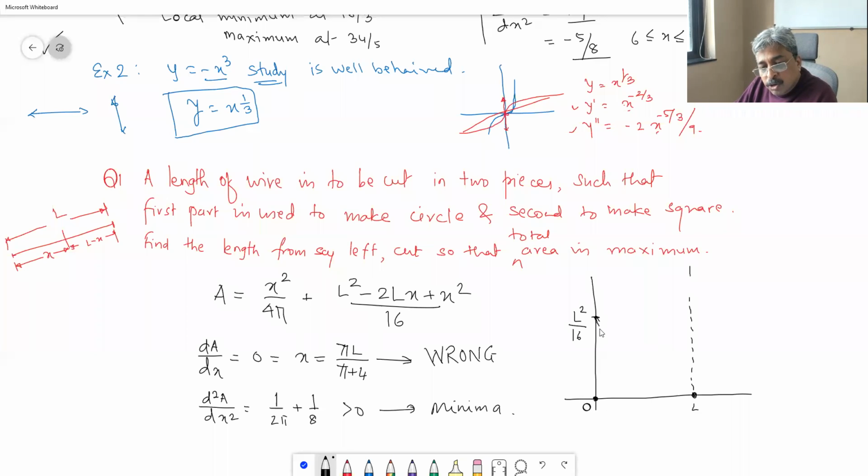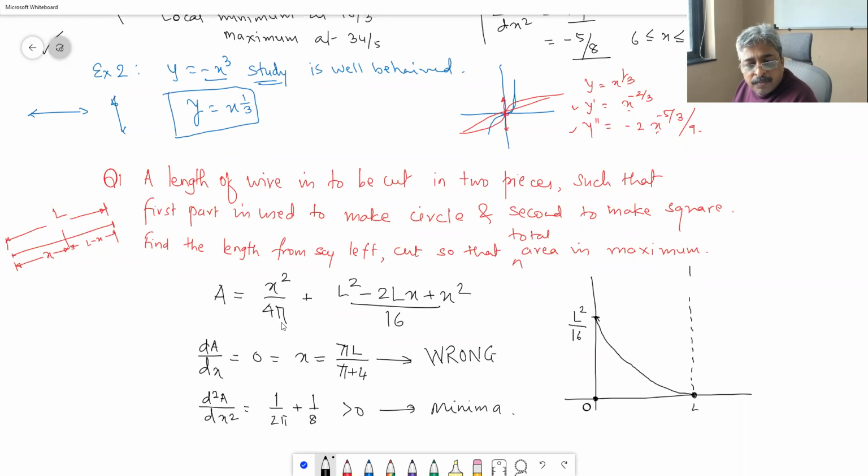So if x becomes positive, we are getting a little less length for making the square. It should be a function like this, a decreasing function. If you use the complete length for making the circle, the first part is 0 and the circle's area is L square by 4 pi. Is that right? So L square by 4 pi.